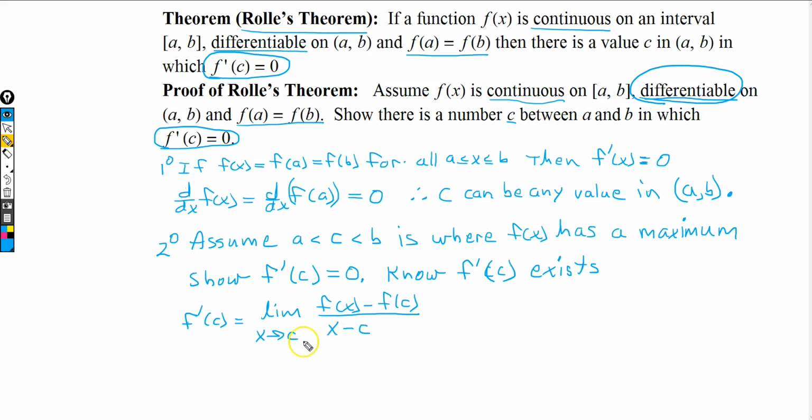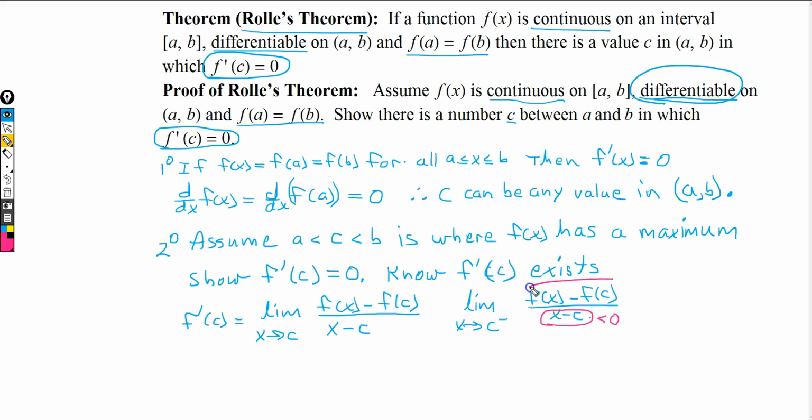Now let's look at the left and right hand limits for this. If we consider the limit from the left of that quantity, now as x approaches c from the left, the denominator down here is always going to be less than 0, negative.